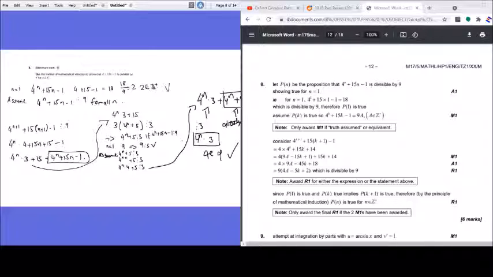Method 1, 9 times the assumed expression minus 15k plus 1 is going to give you that, which I didn't do. And the conclusion by the principle of mathematical induction, P_n, I didn't write that down either. So basically what I got for this is 3 out of 6.